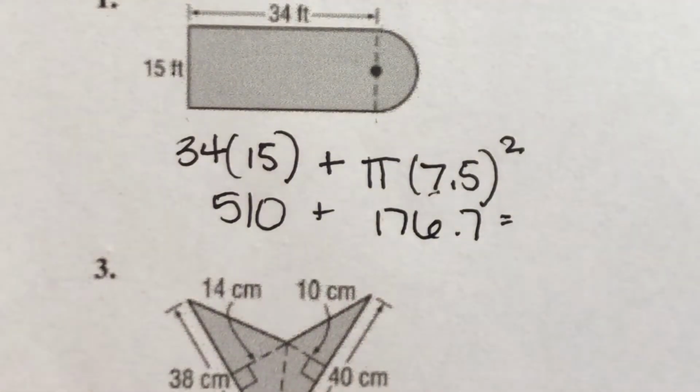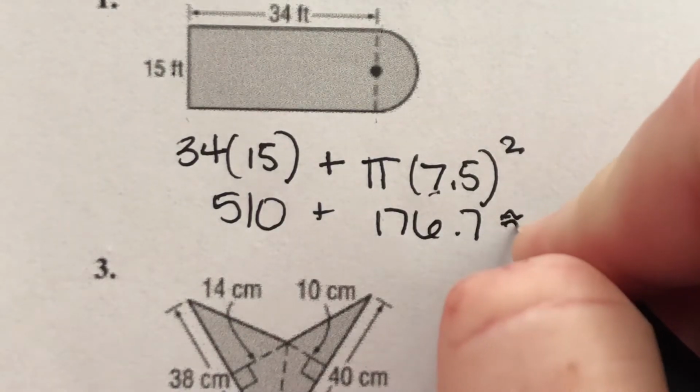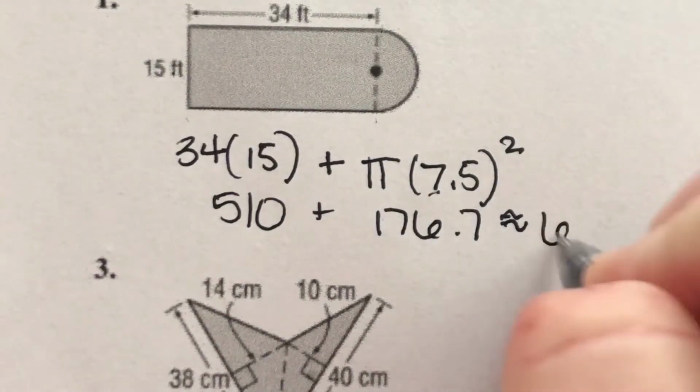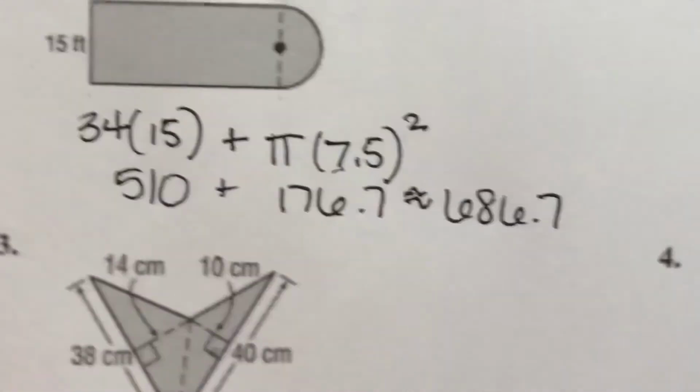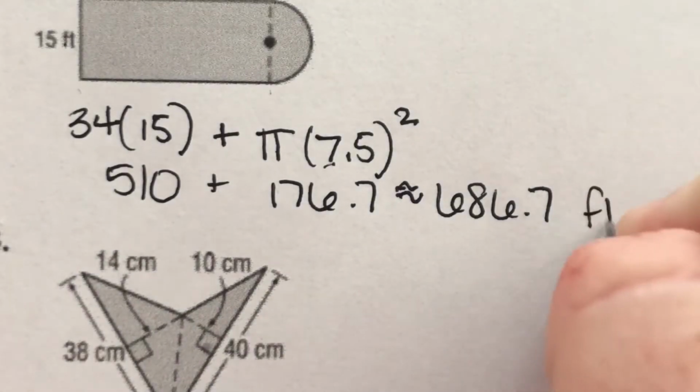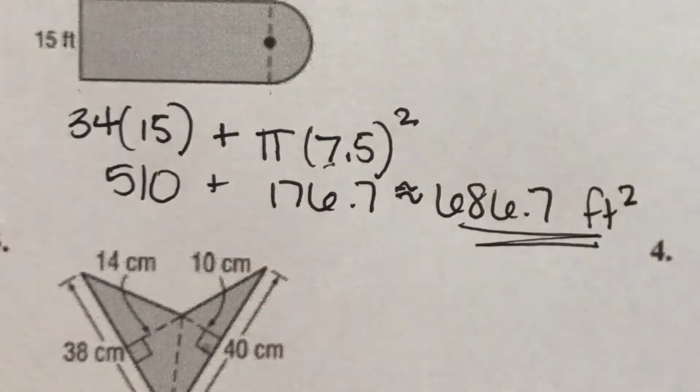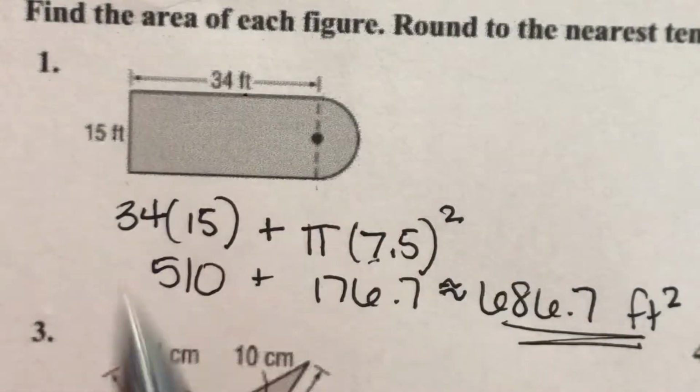So added together, that's 686.7, about, we're rounding to the nearest tenth, 686.7, and that's in square feet. Don't forget your units of measure. Okay, so composite figure area number 1, done.